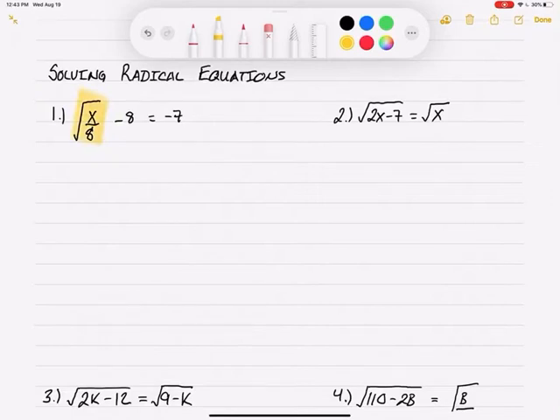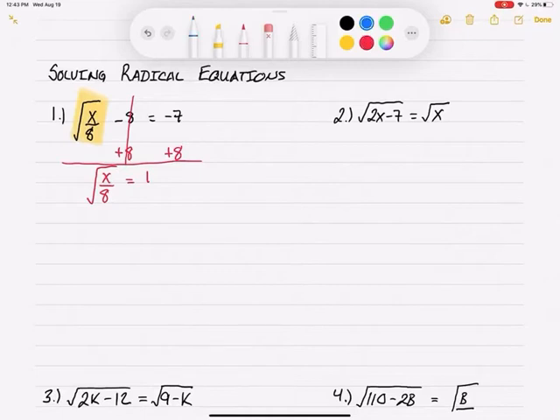So in example 1, I have the square root of x divided by 8 equals 1.